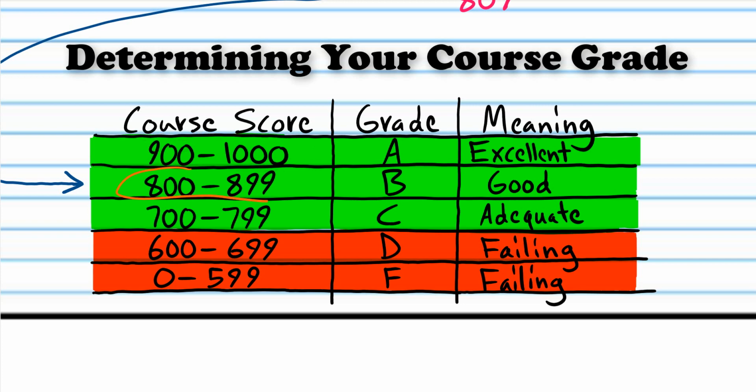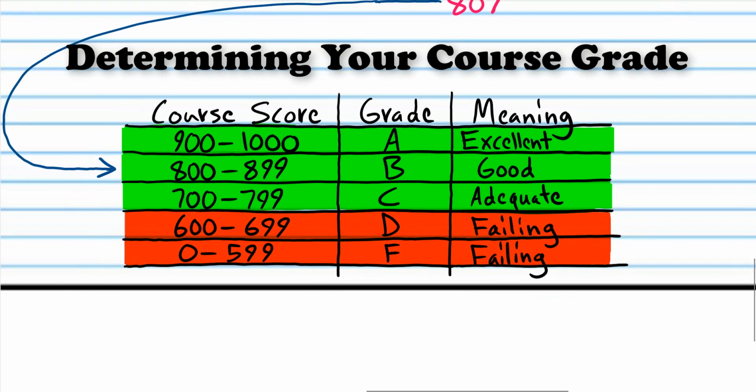If you scored 800 to 899, that means you did very well, but there's a few things you could work on. And if you scored 700 to 799, that means you did well, but there's quite a few things you need to work on. And if you scored anything less than 700, that means that you don't have enough fluency in the mathematics to say that you completed an intermediate algebra course.